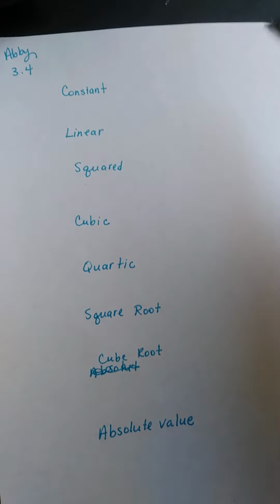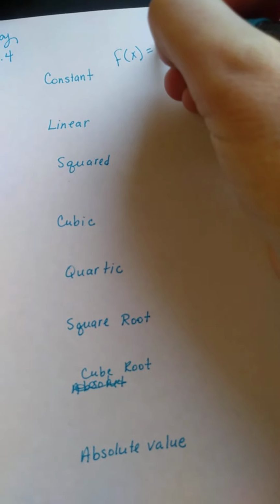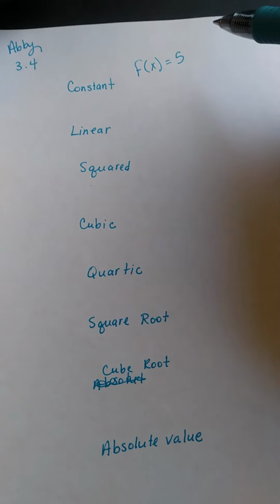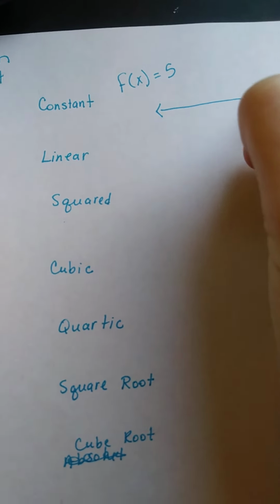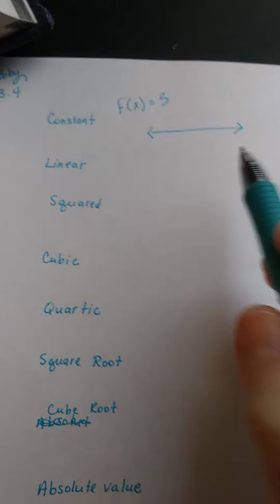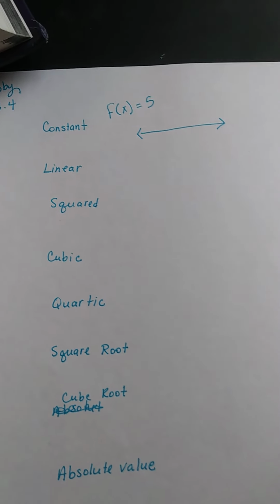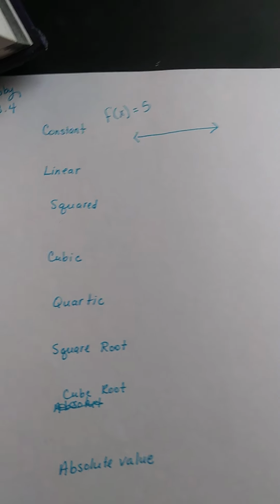So the constant function is when you have something like f of x equals 5 or 10 or 20 or any constant number. So that function is always going to look like just a straight line, and it's always going to be horizontal. That's our constant function because it's just always equal to that same thing.